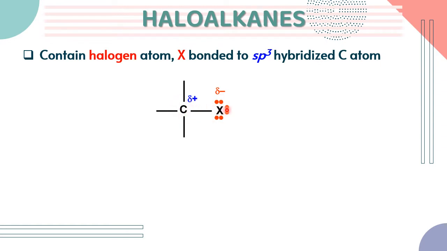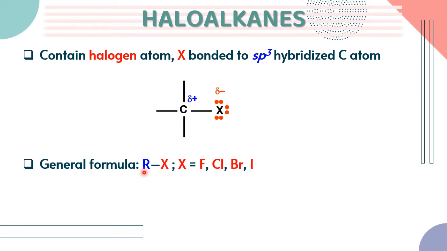The halogen is a very electronegative atom. Since there is a difference in electronegativity over here, the halogen, whether chlorine, bromine, or iodine, becomes partially negative, and the carbon over here becomes partially positive.